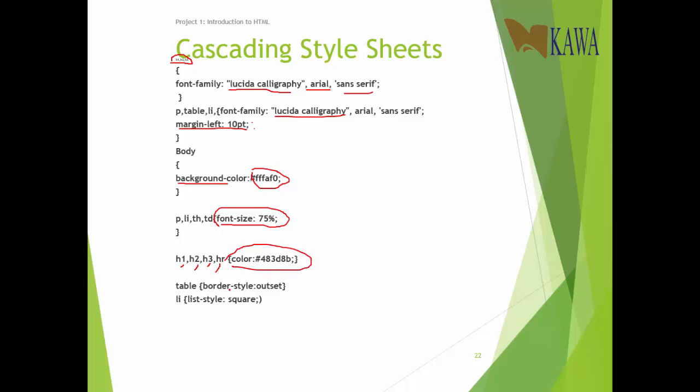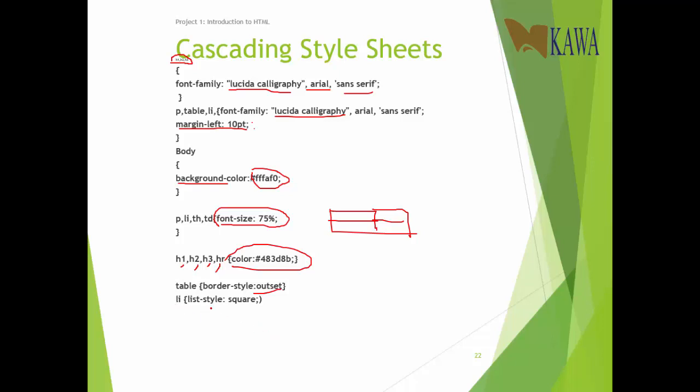And the table border style, like the border of the table. Let's say this is our table. It will have the color code, and it will have a border style of outset. We are going to look at all those styles in practice as we are writing our code.